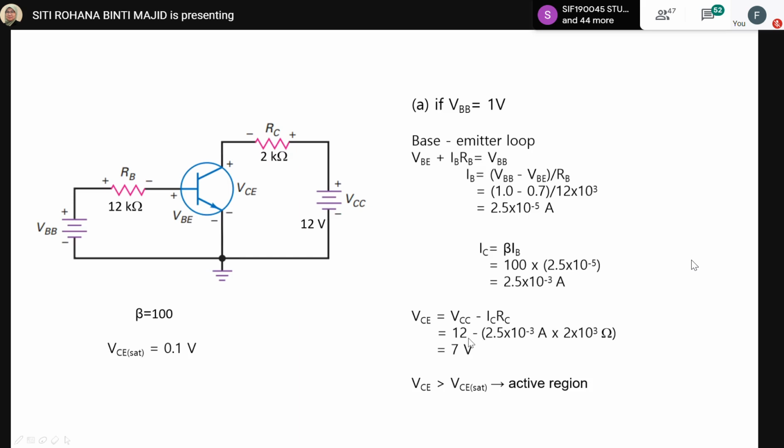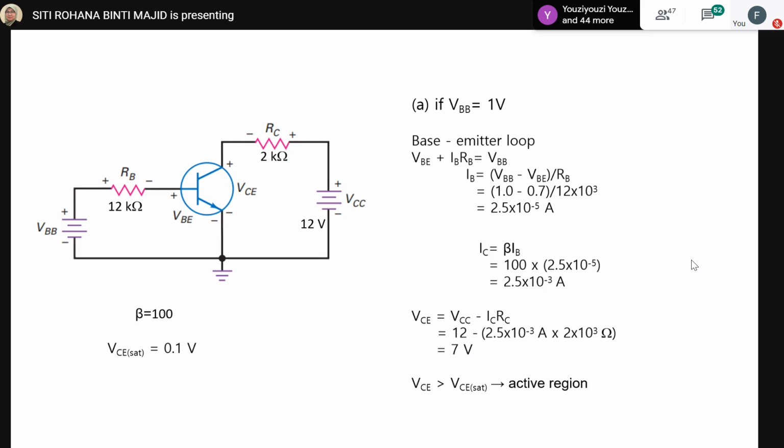When you calculate, I think you will get 7 volt. If you see from here, 7 volt is bigger than VCE saturation. That means we can consider that this BJT is in the active region. Let's say you calculate VCE and get 0.05 volt, that means it is in the saturation region.